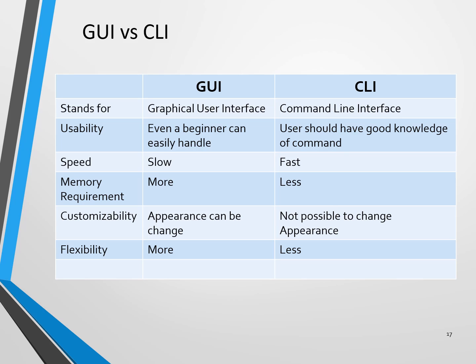Speed of operation is less in graphical user interface and it is fast in command line interface. Graphical user interface requires more memory as it contains a lot of graphical components. Command line interface is a command interface and it does not require more memory.